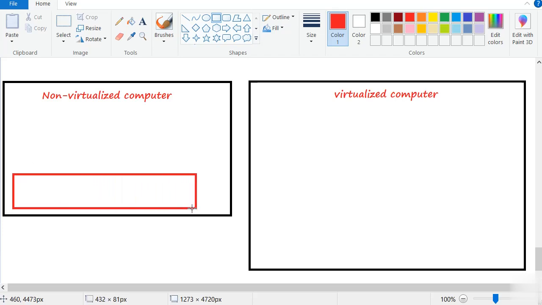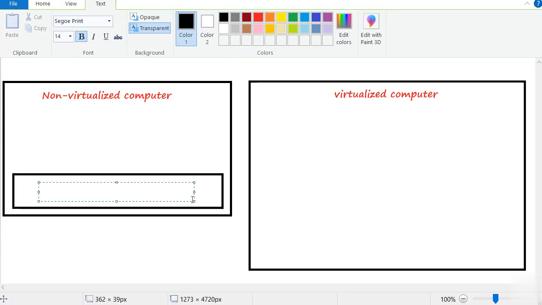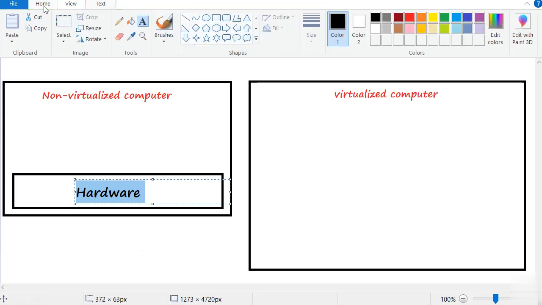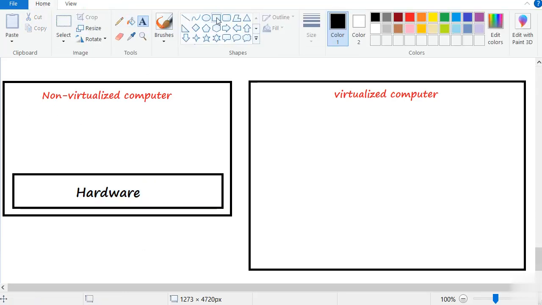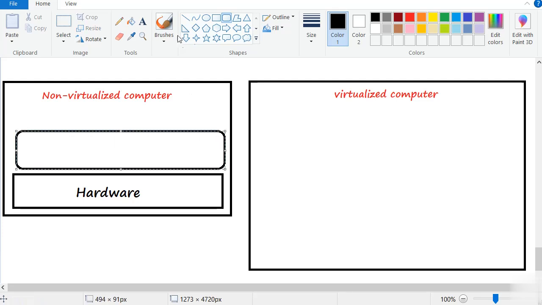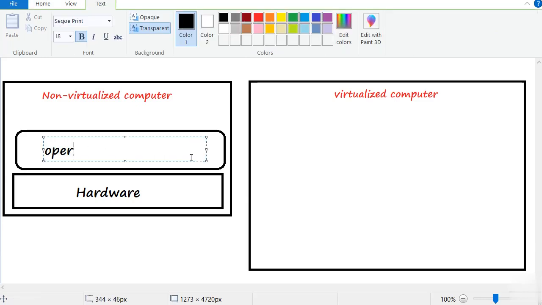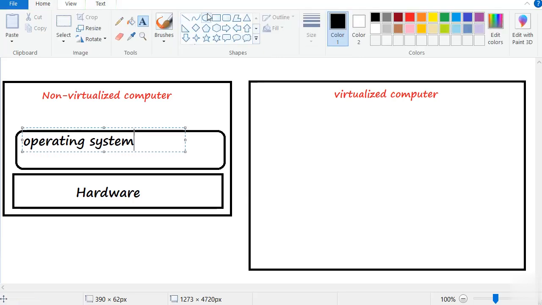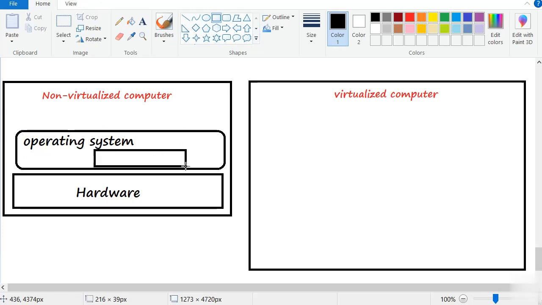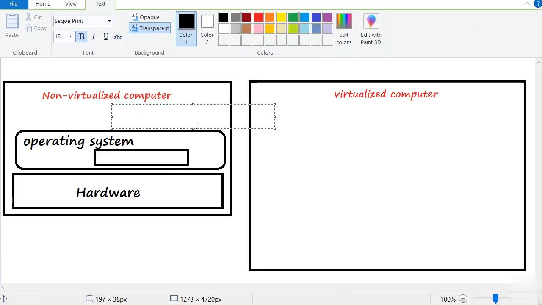A non-virtualized computer will have hardware and operating system, like we have drivers.